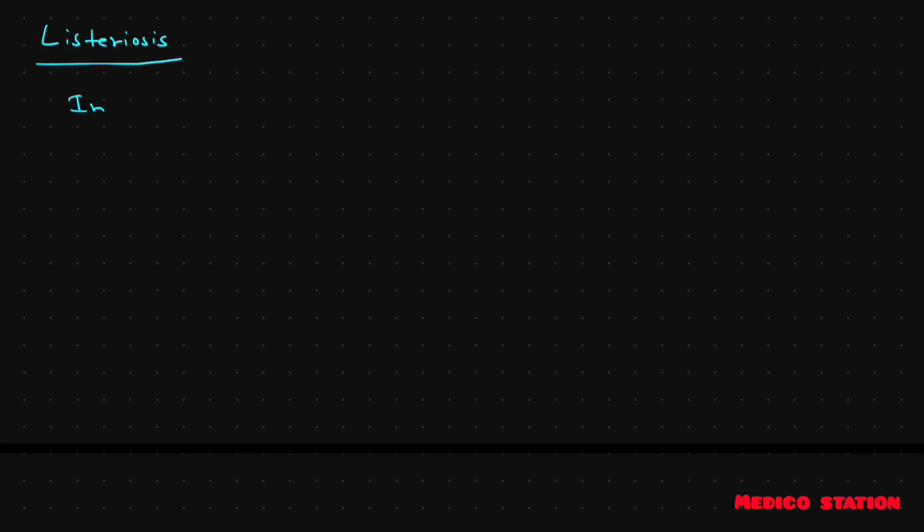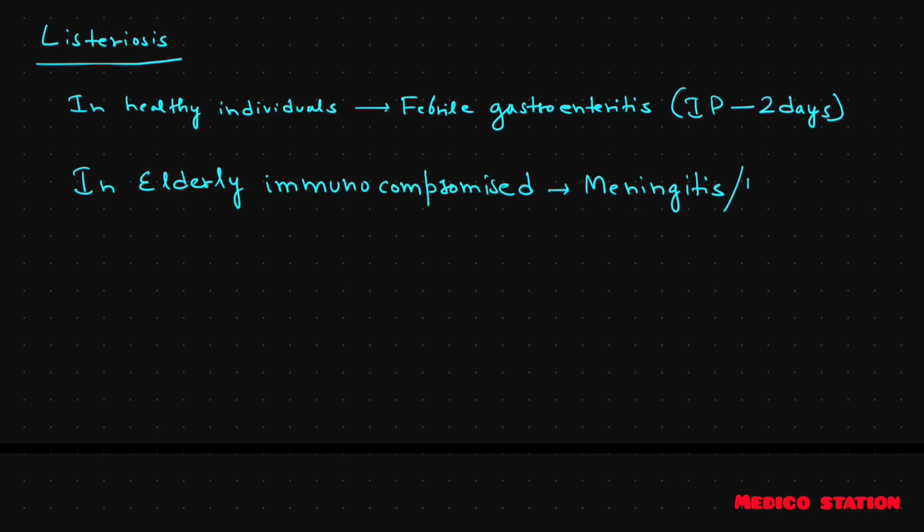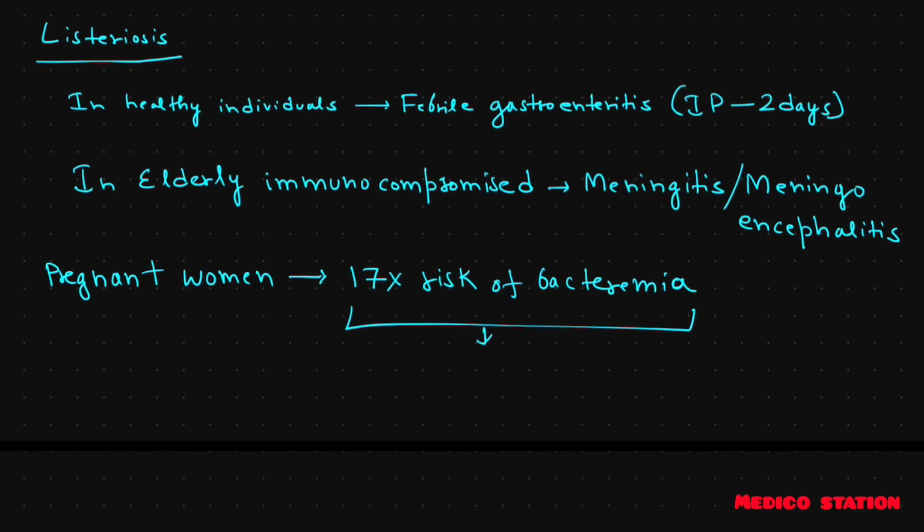Listeriosis: in healthy individuals, febrile gastroenteritis with an incubation period of 2 days. In the elderly and immunocompromised, meningitis and meningoencephalitis. In pregnant women, there is a 17 times risk of bacteremia that can lead to chorioamnionitis, spontaneous abortion, and stillbirth.